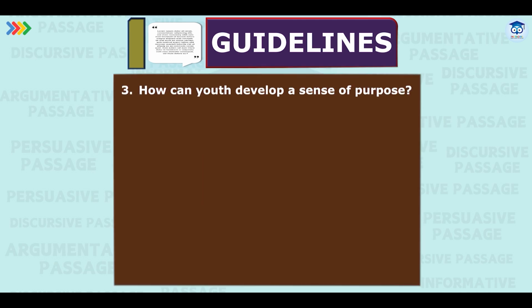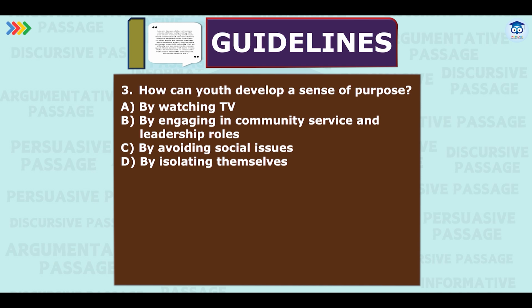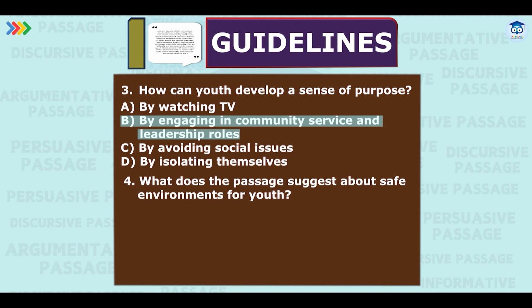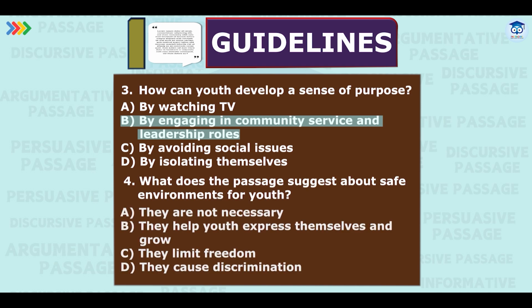Next question. How can you develop a sense of purpose? Watching TV? No. Avoiding social issues? Still incorrect. The correct answer is by engaging in community service and leadership roles. That helps them feel connected and motivated. Here's another. What does the passage say about safe environments? Are they necessary or do they help youth grow? Correct.